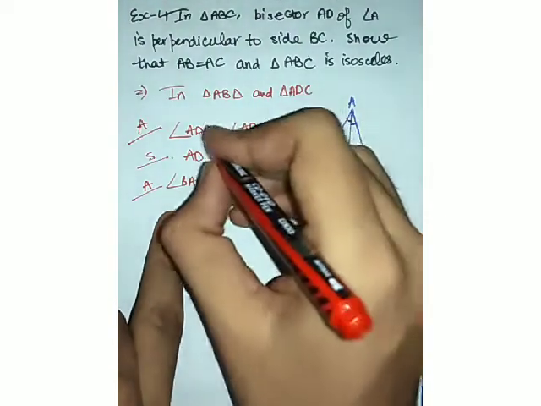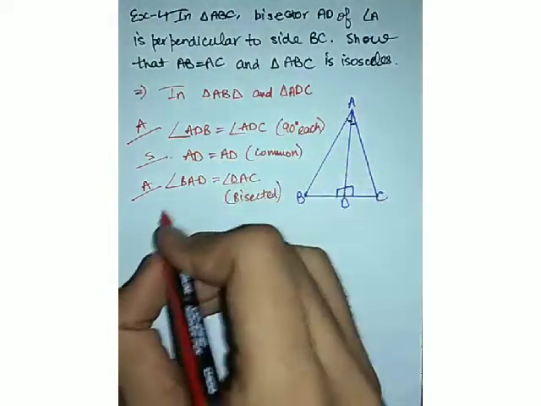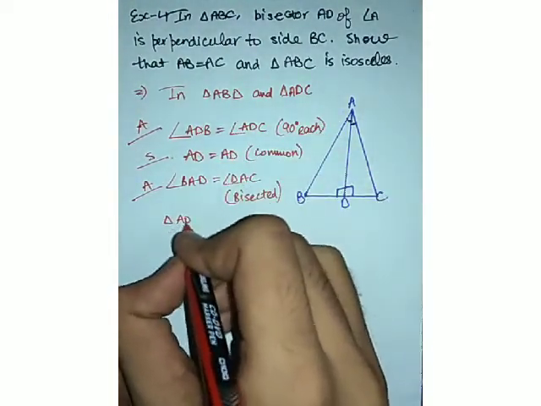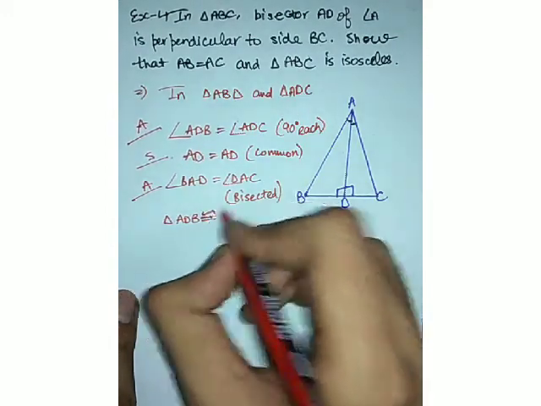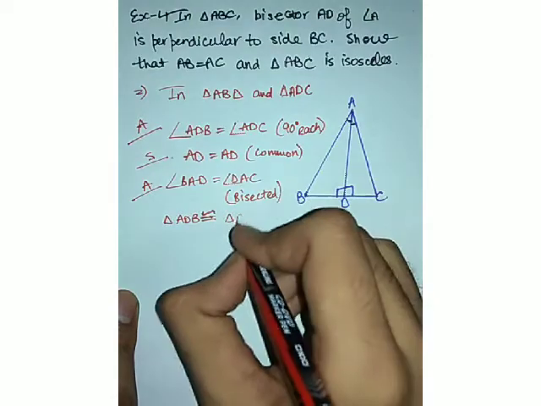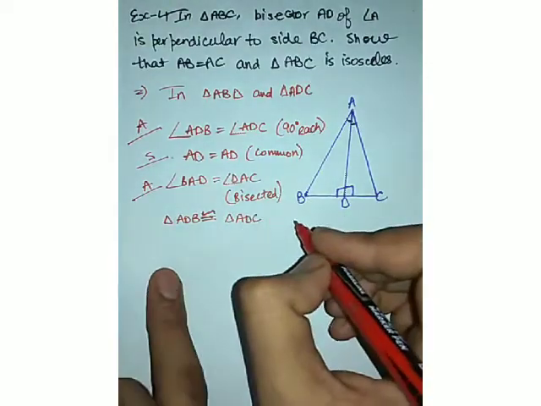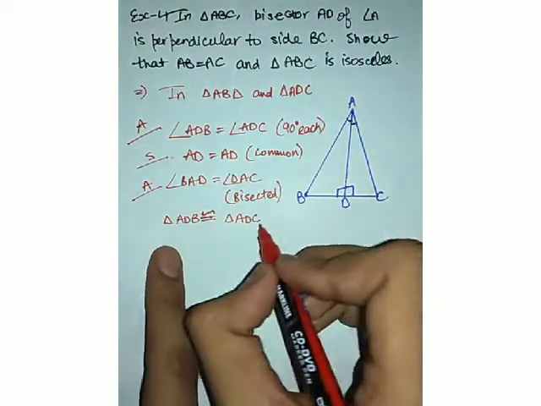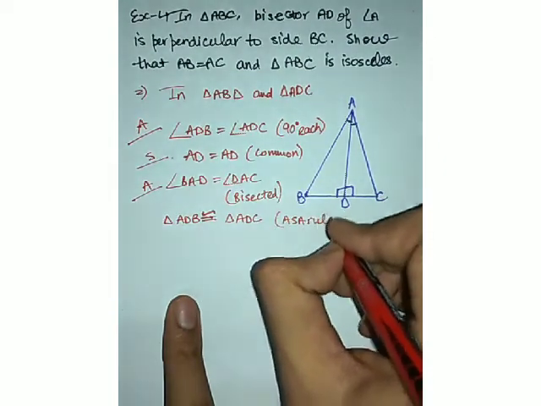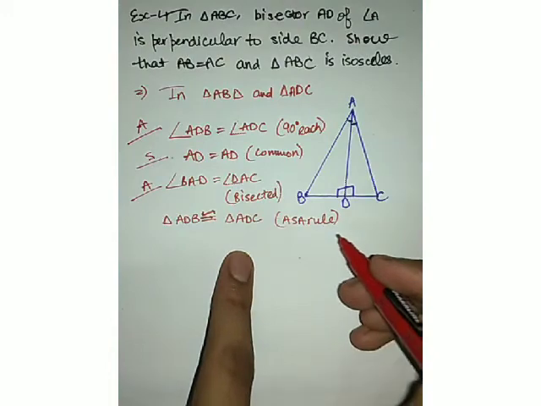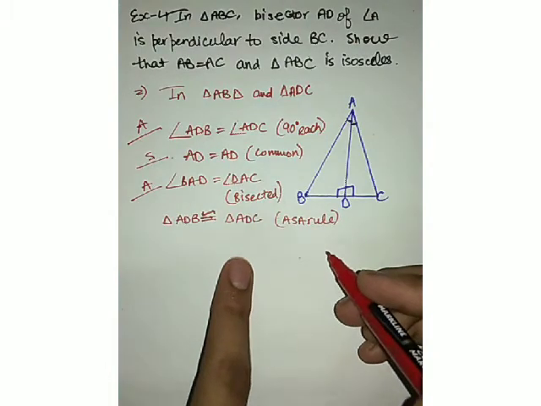Now from the ASA rule, triangle ABD is congruent to triangle ACD. You have seen how simply we have applied the ASA rule, right?